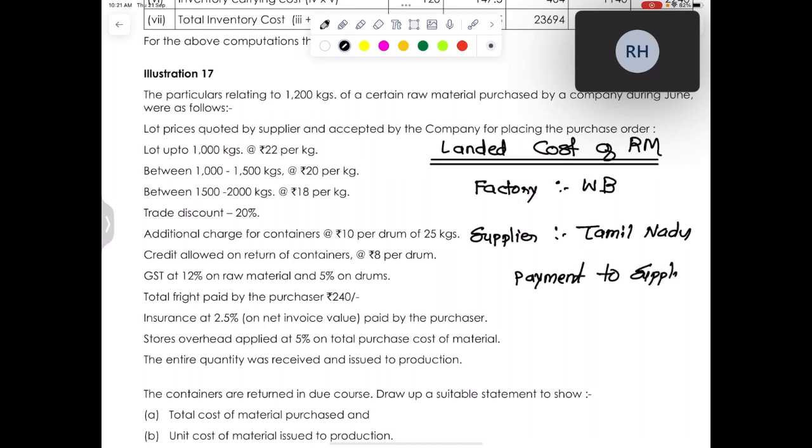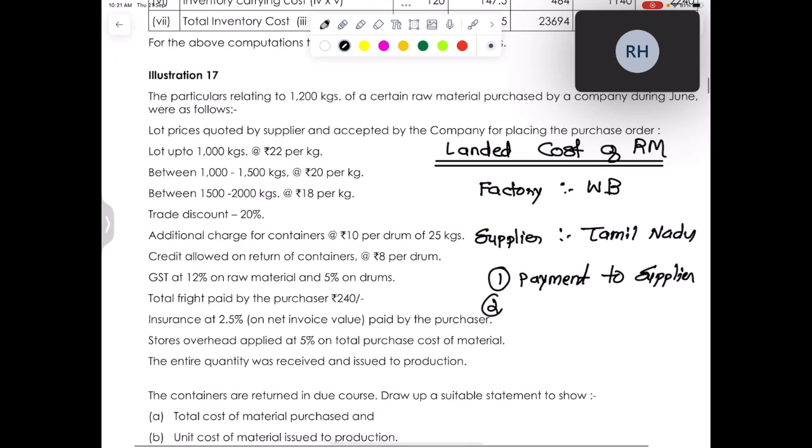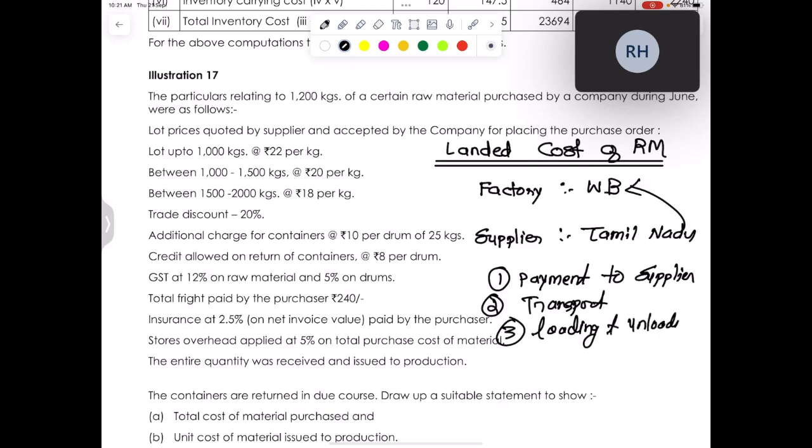The second will be the transportation charges from Tamil Nadu to West Bengal. Third will be when the goods are received in our factory, the loading and unloading charges.